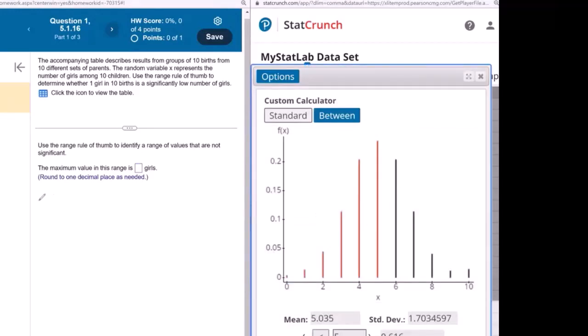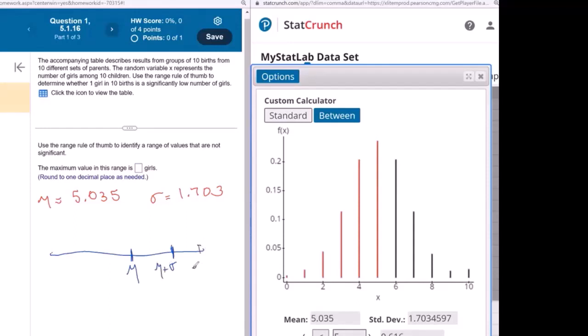I can get the mean, which is 5.035. And I can get my standard deviation, which is 1.703. Now the range rule of thumb, this is one standard deviation away from mu. So this would be mu plus 1 standard deviation.